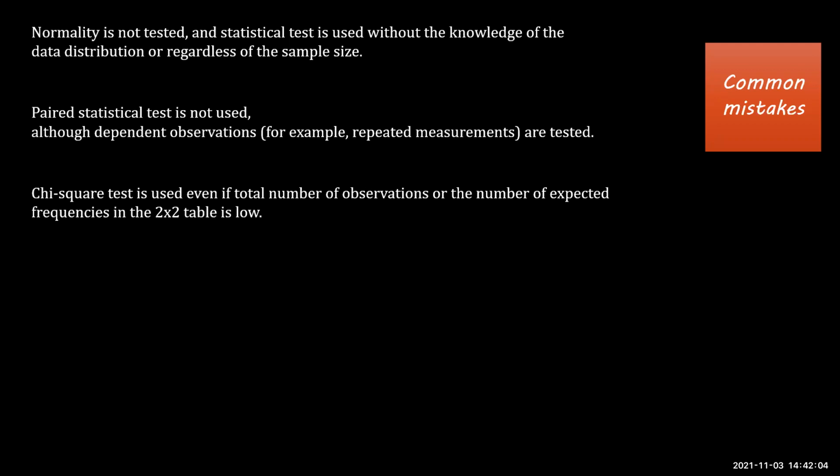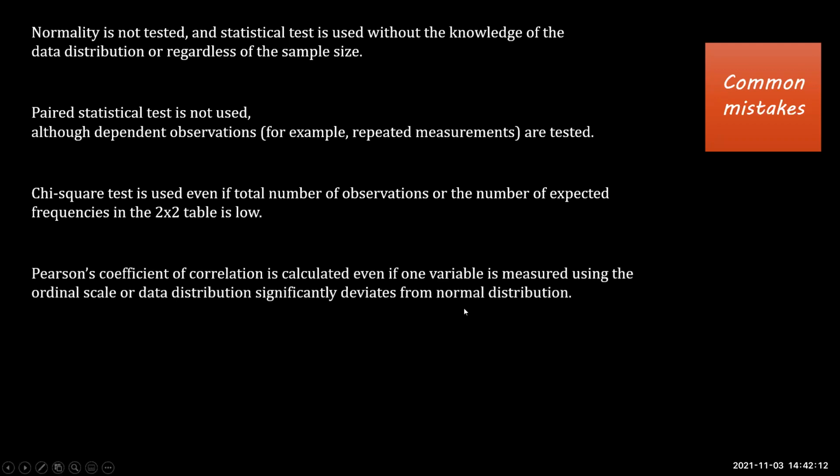If the numbers are very low in some of the cells, like 0, 1, or 2, then you should not use the chi-square test. You should use a non-parametric test. And the Pearson coefficient is calculated even if one variable is measured using an ordinal scale, like a Likert scale. So people continue to do that.